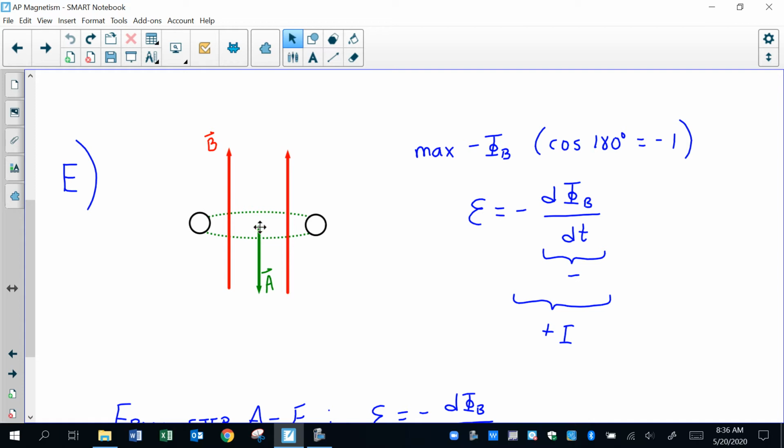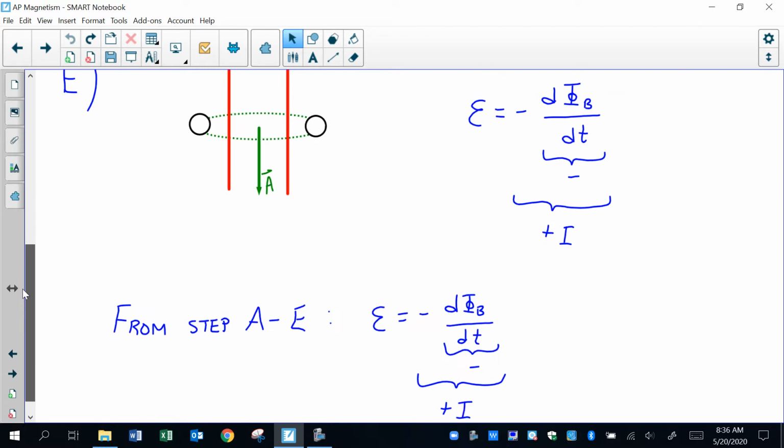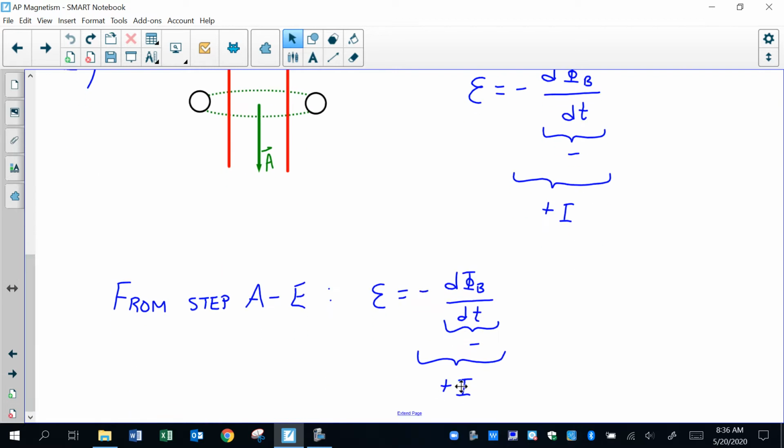I have just maxed out my negative amount of flux. I can't get any more negative flux than I have right there. So that entire half of a rotation, we had a negative rate change the entire time, negative sign out front, positive current. So from A to E, the entire first half of a rotation, we had non-stop positive current.